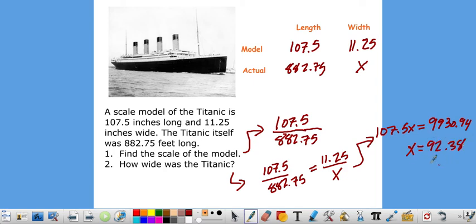And then in the context of the problem, we know our units are feet, so we would say it's 92.38 feet wide. That's basically how you can use the scale to find the length of something that's either really, really big or really, really small. And that's actually where we're going to leave off for the notes today.